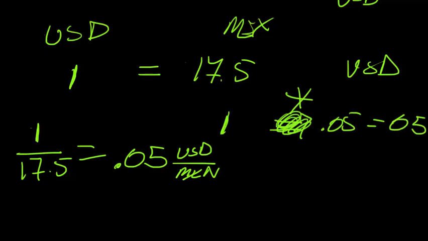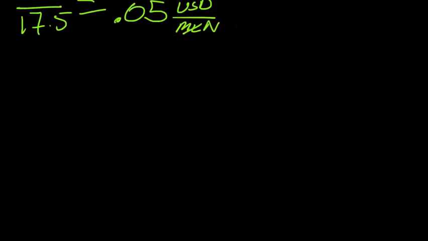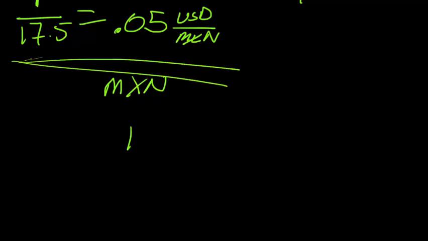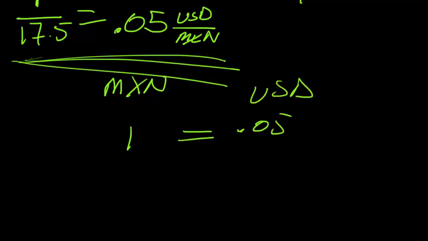So 1 Mexican peso, MXN, at this rate, is equal to USD 0.05, or 5/100ths of a dollar.